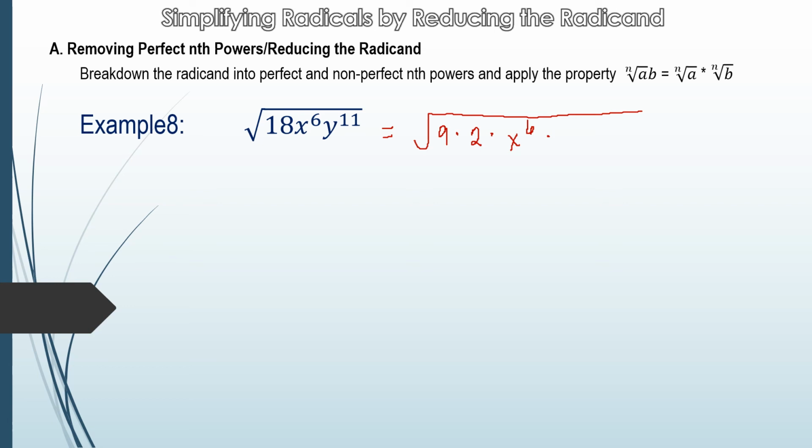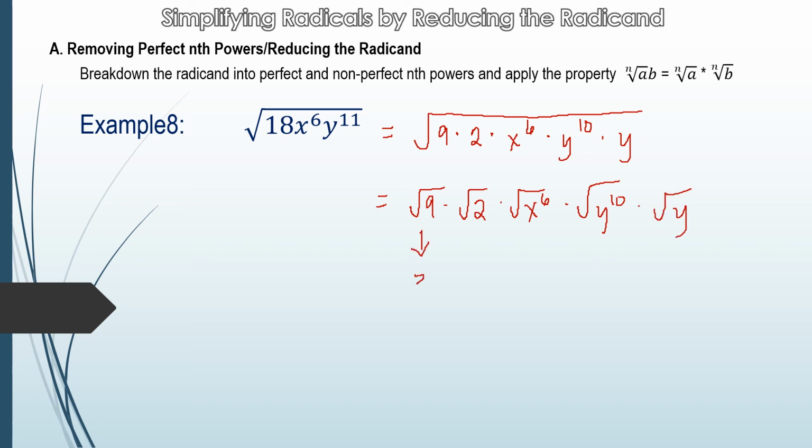And then for y raised to the 11th power, we have y raised to the 10th power times y. So we have the square root of 9 times the square root of 2 times the square root of x to the 6th power times the square root of y to the 10th power times the square root of y.